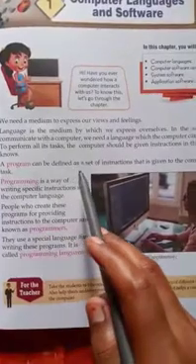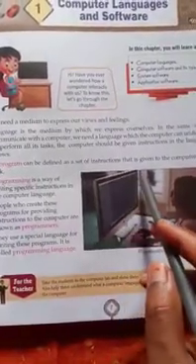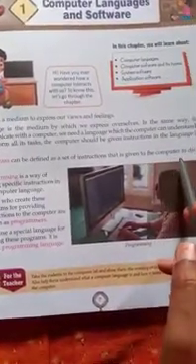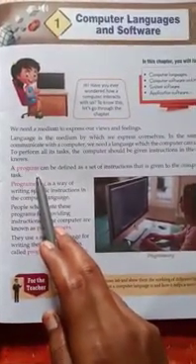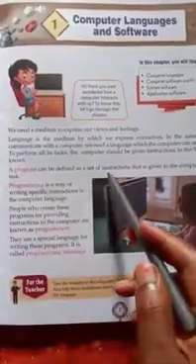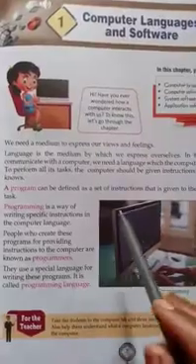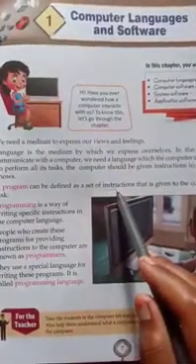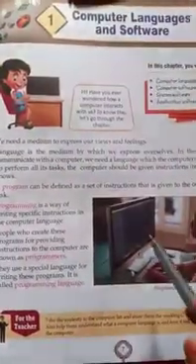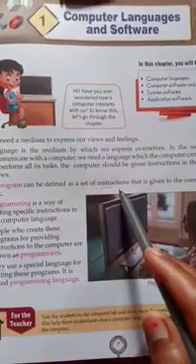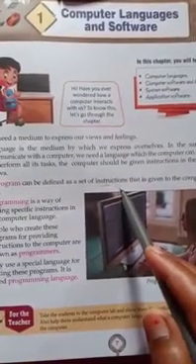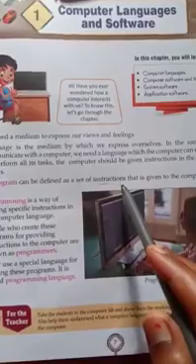A program can be defined as a set of instructions that is given to the computer to do a task. So what is program? Program is a set of instruction. Instruction means information, a detailed information about how something should be done.